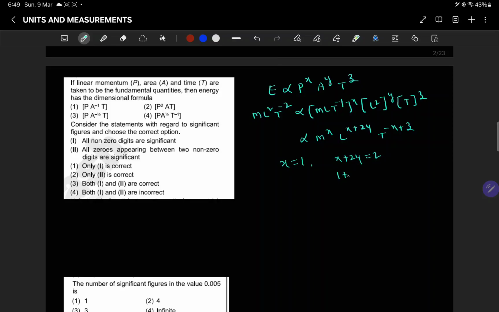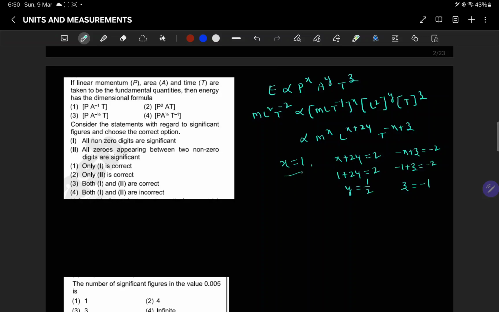X is 1, 1 plus 2Y equal to 2. So Y equal to 2 minus 1 by 2, that is 1 by 2. Substitute X equal to 1 here: minus X plus Z equal to minus 2. Minus 1 plus Z equal to minus 2. So Z equal to minus 1, students.